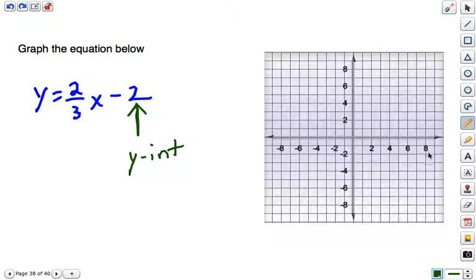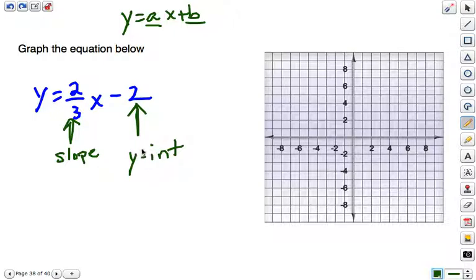And we know that the 2/3 is our slope. Because remember, the slope-intercept form equation is y equals ax plus b, where a is the slope and b is the y-intercept.